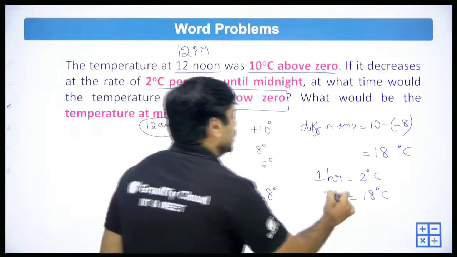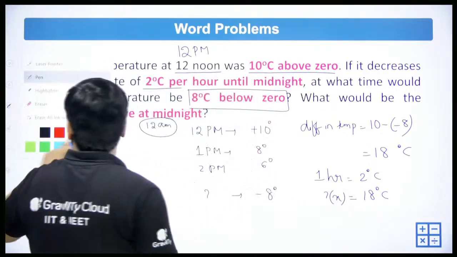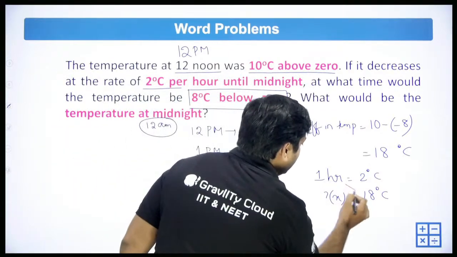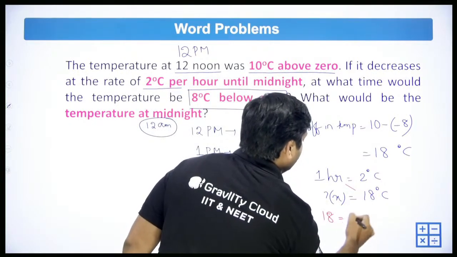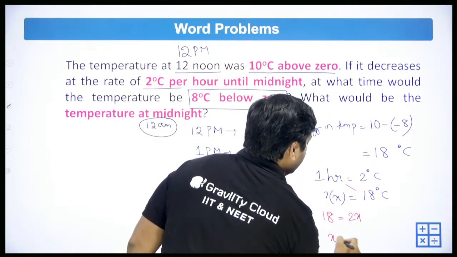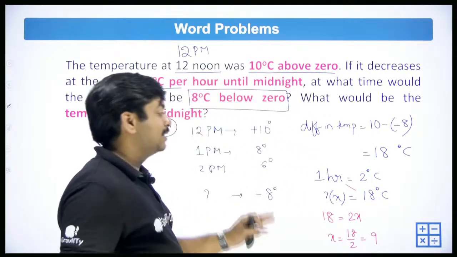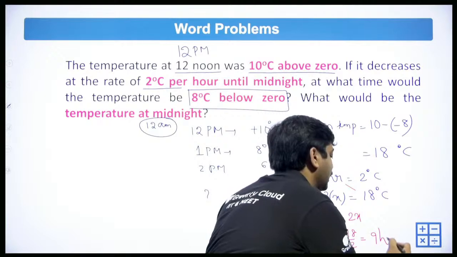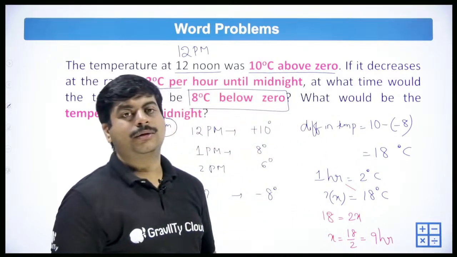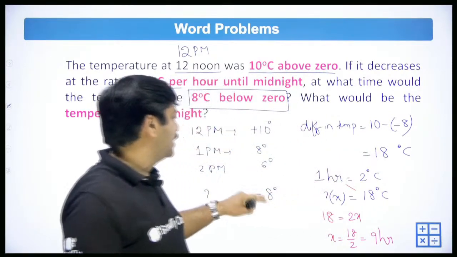If you're confused, just take it as x and cross multiply. So 1 into 18 is equal to 2 into x. From here we get x is equal to 18 by 2, which is 9 hours. It takes 9 hours to reach the point minus 8.